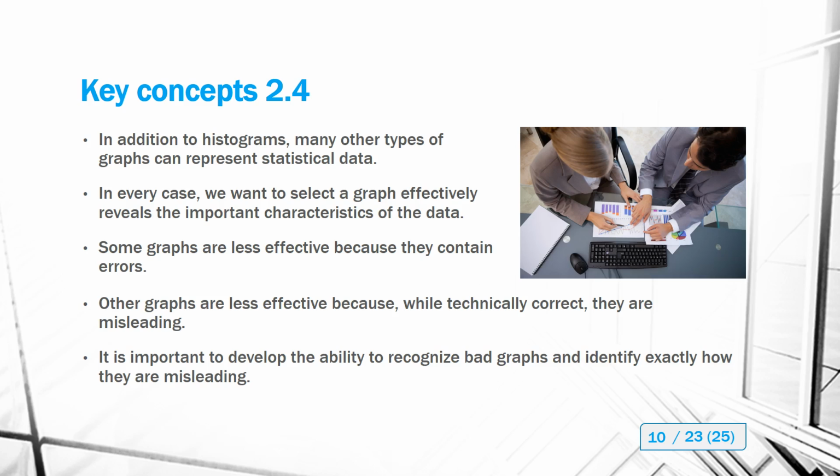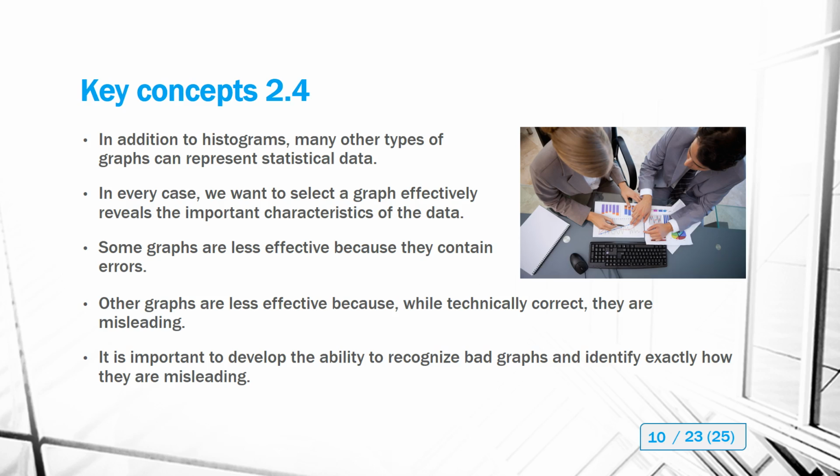But remember, the point of making a visual representation of your data is to communicate important characteristics of your data set. So you want to choose the graph that best communicates those important characteristics of your data set. Okay? The way you set up your graph, although it may convey information which is technically correct, the way in which it conveys that information can be deceptive.